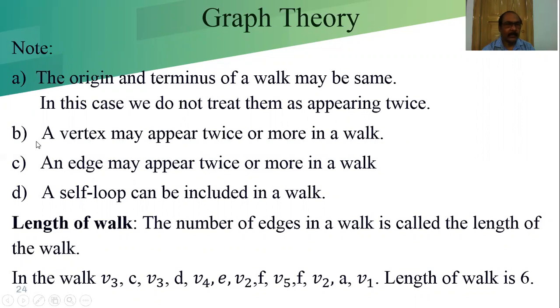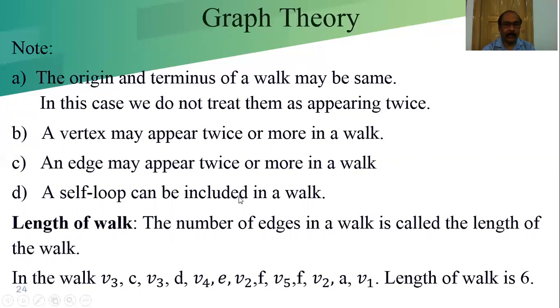A vertex may appear twice or more in a walk. That means vertices may repeat and edges may repeat. This is the definition of a walk, but in some books an edge may not appear more than once.